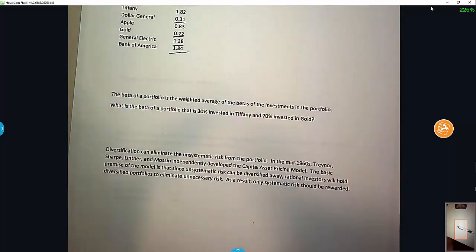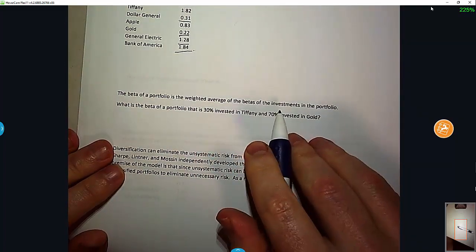So the beta of a portfolio is the weighted average of the betas of the investments in the portfolio.